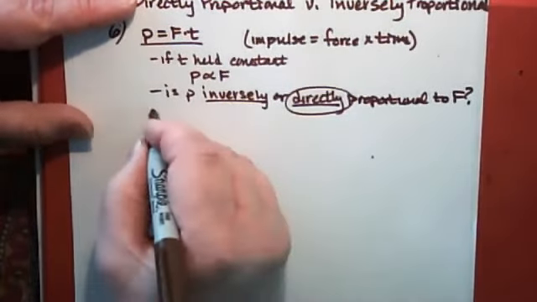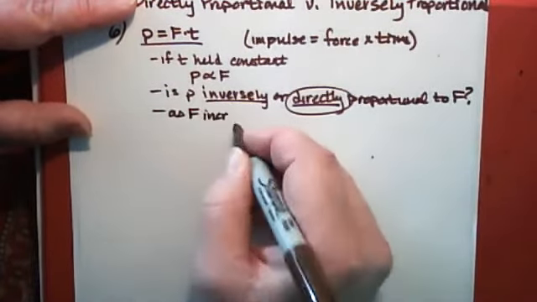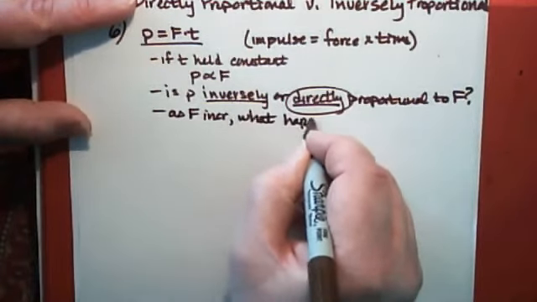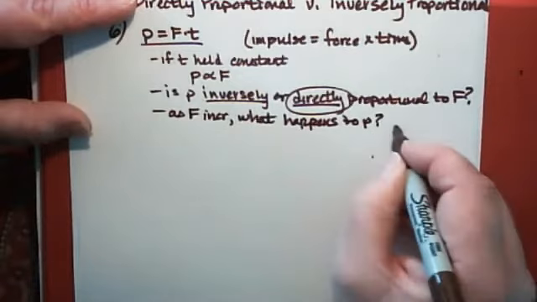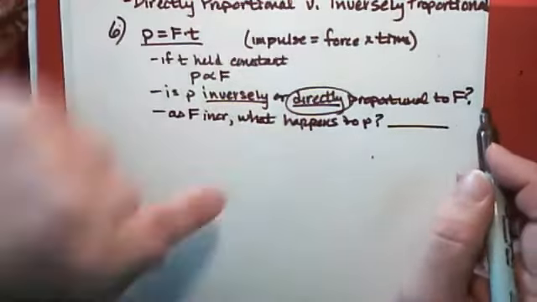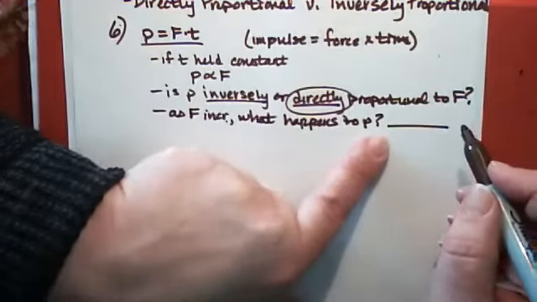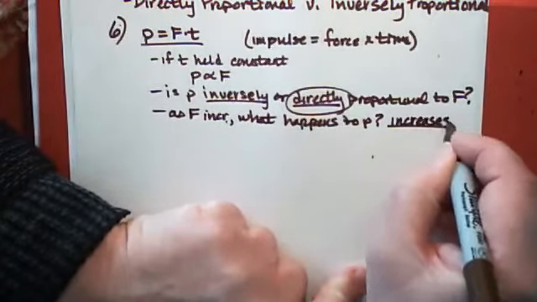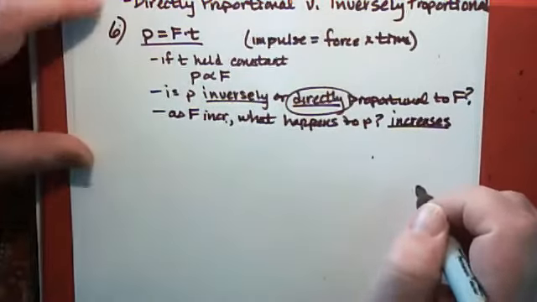And as F increases, what happens to P? Well, directly proportional means the same thing happens to both quantities. So it increases, and not only that, it increases by the same factor.